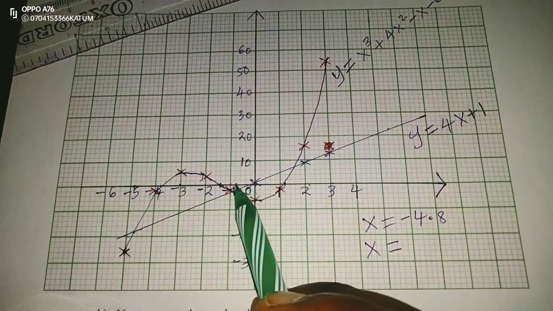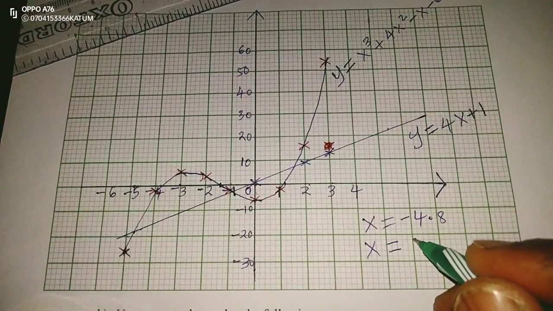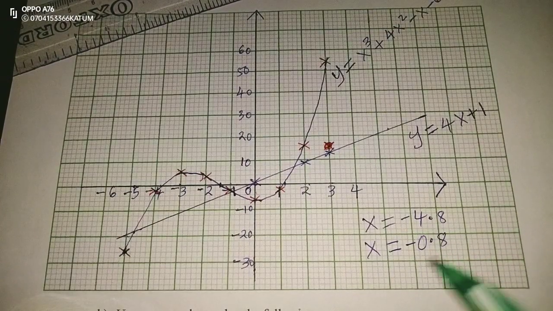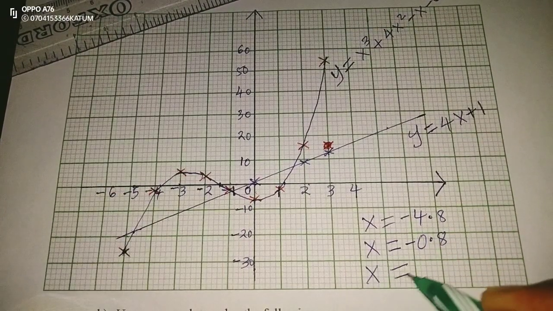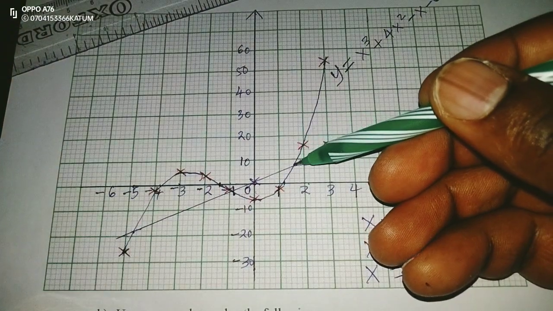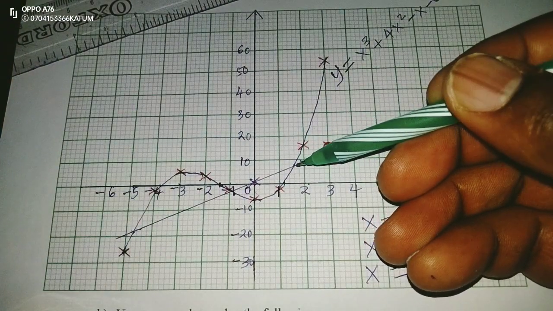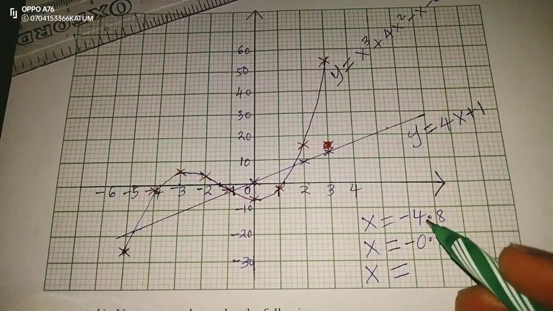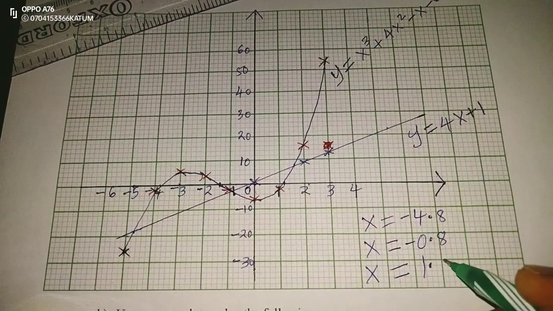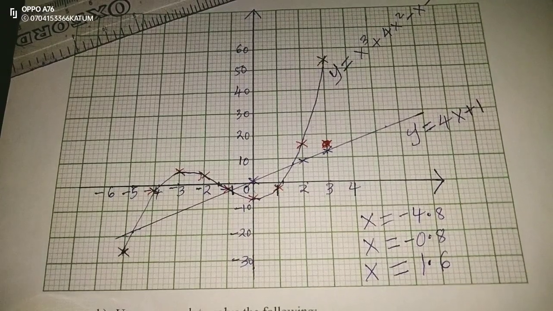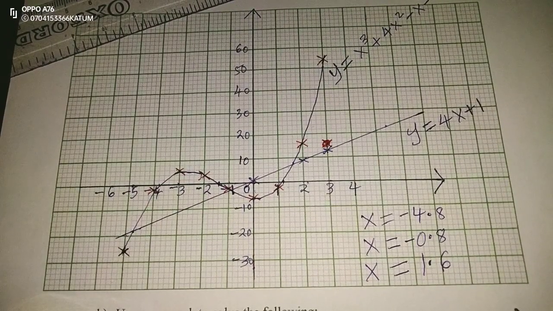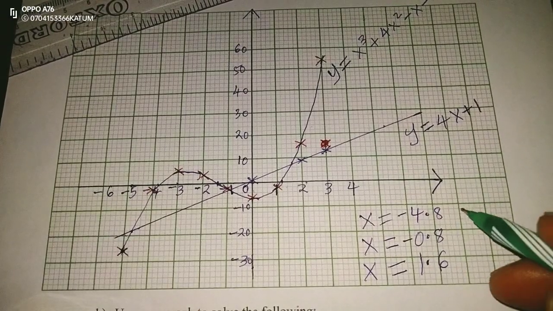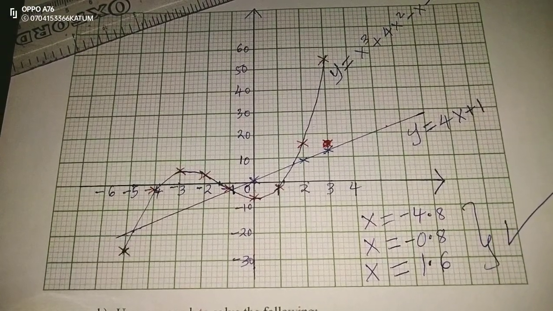This is going to be negative 0.8. And finally, the value of x at this point is going to be just after 1, but before 2, 1.6 positive. So the values of x, which are the roots of the second equation here, are as shown there. Those are the 3 roots.